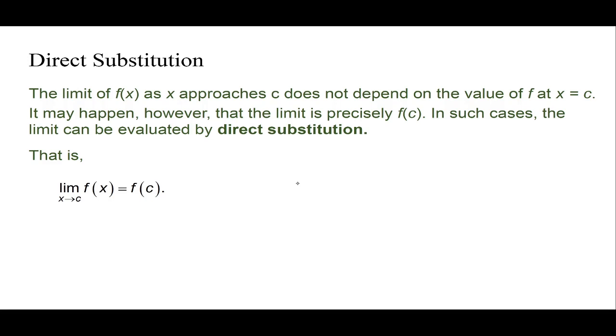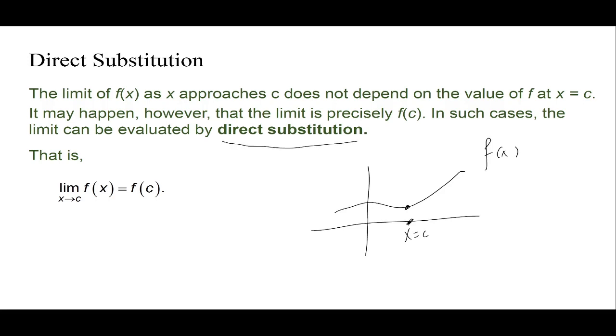If you have a function f of x and that function is defined at c, for example, let's say c is a point. Let's say you have a function that looks like this, and this function is defined at x equals c. Then a function like that might have a limit equal to the value of the function at c. That comes from direct substitution.